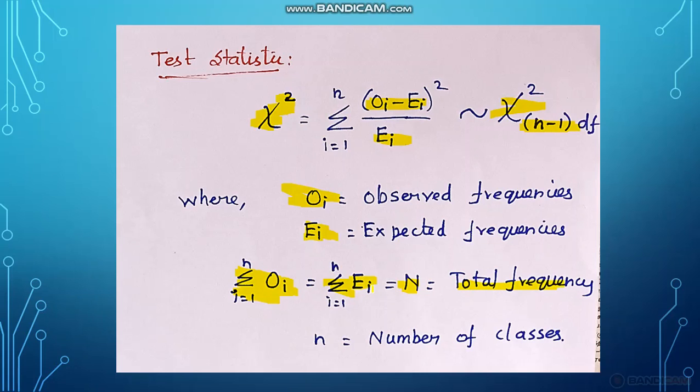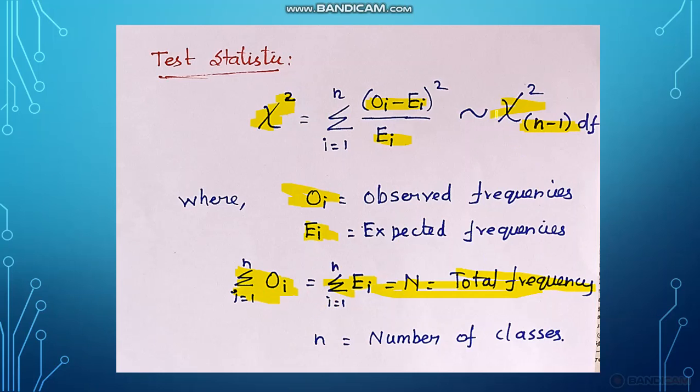To find the total frequency, you sum the observed frequencies or the expected frequencies.